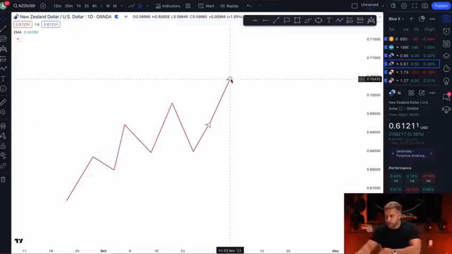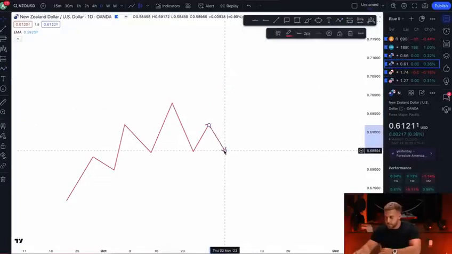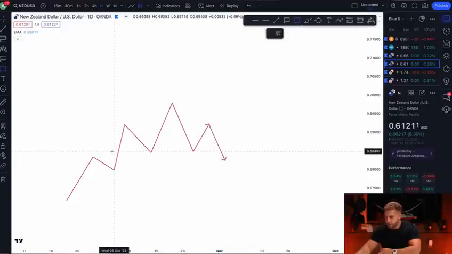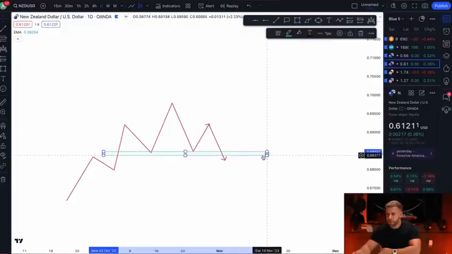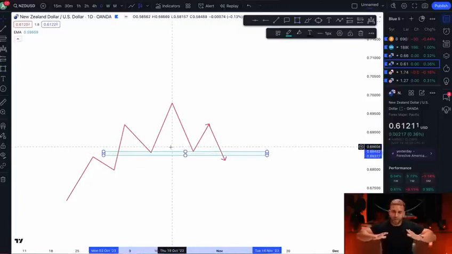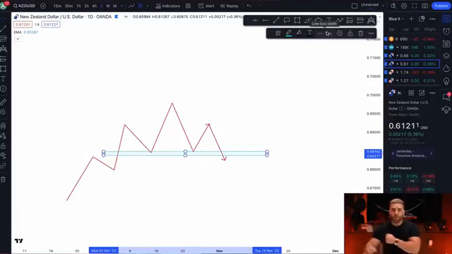A head and shoulders pattern only exists once it has broken and confirmed the neckline of the head and shoulders. So this is going to be the neckline at this point right here, which is held up by a level of support. So the support is the neckline of the head and shoulders, which is created by what?